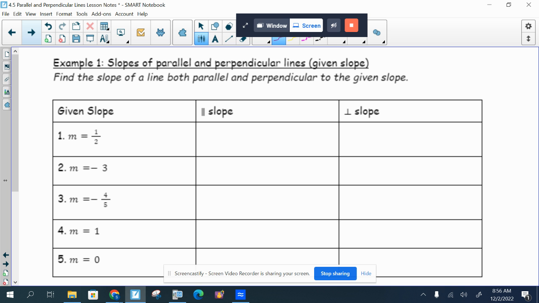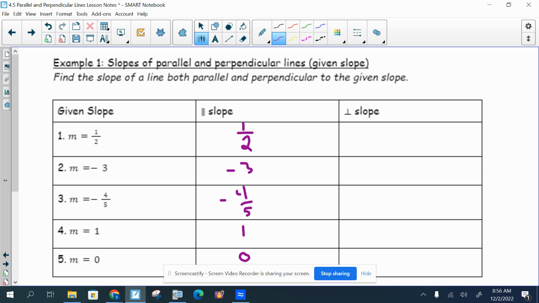So they give you the slope. So all of the parallel slopes will be exactly the same. So if it's 1/2, the parallel slope is 1/2. If it's -3, it's going to be -3. -4/5, 1, and then 0. So what would be the perpendicular slope for 1? -2.